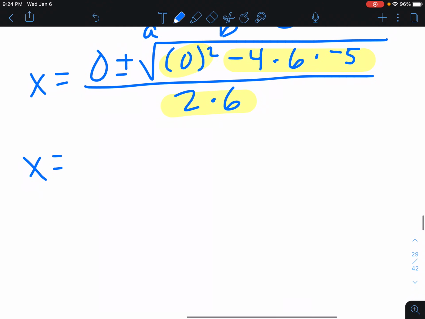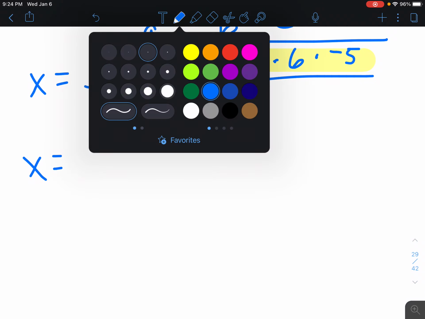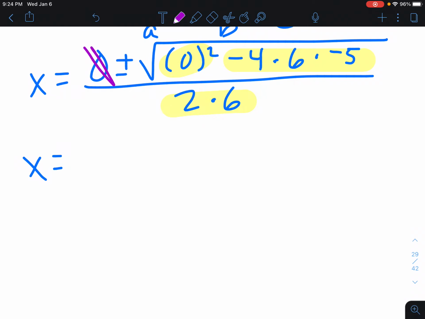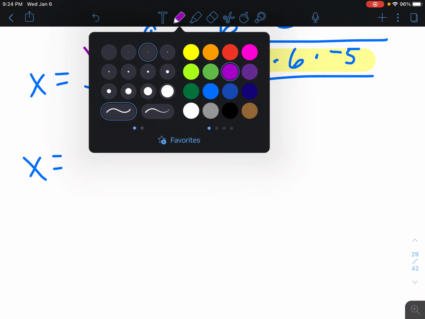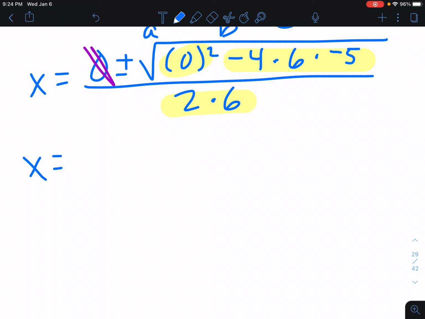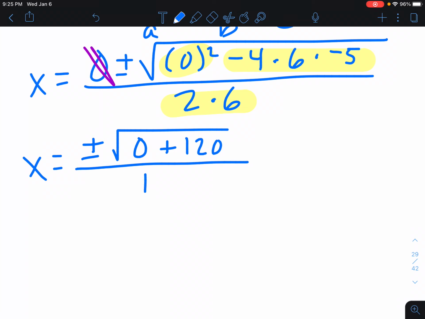Actually, one more thing, since you have a 0 here in front, you could just get rid of it. It's always nice when B is 0. Actually makes things easier. So plus minus the square root of 0, and then negative 4 times 6 times negative 5 is positive 120. On the bottom, 2 times 6, 12.